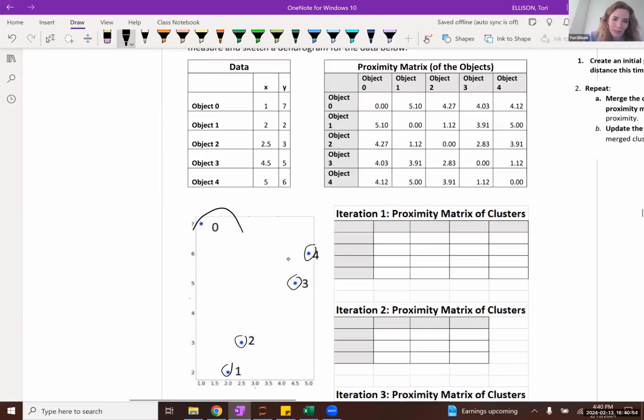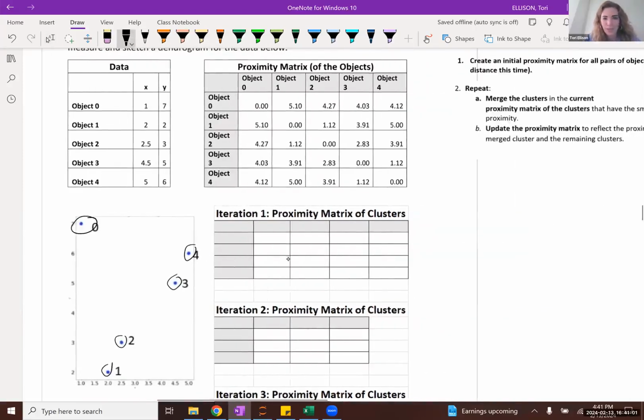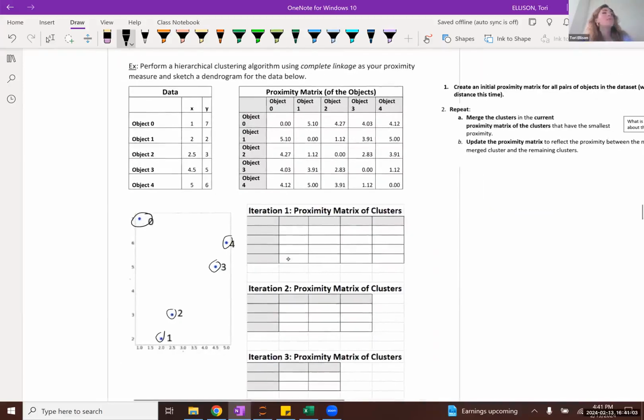The first step of the first iteration is to look at this proximity matrix and determine what two clusters should be joined first. So what are the two closest clusters based on what this proximity matrix says?